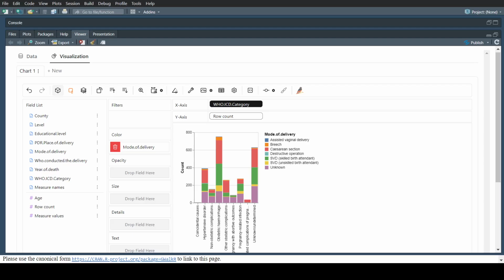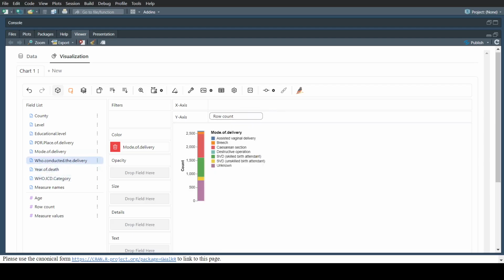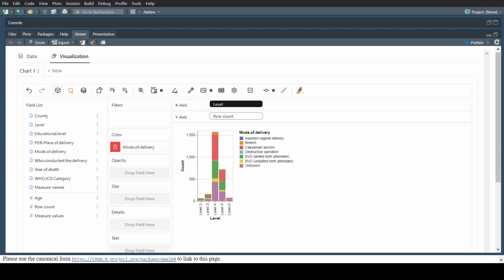And another thing you can look at is which level of facility these deaths occurred in. So you can remove this and put level on the x-axis and see, by mode of delivery, which was the most common mode of delivery at each level of facility.